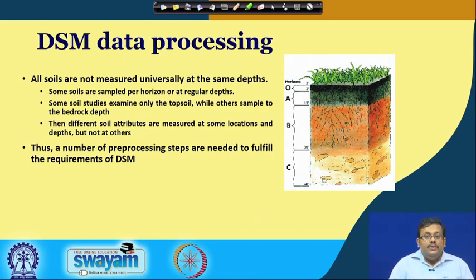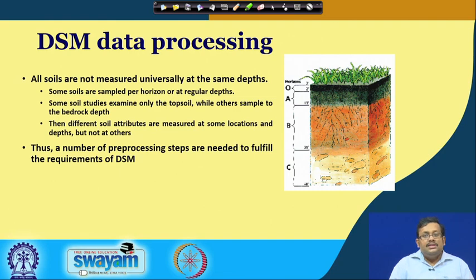As I told you, digital soil mapping requires some data processing because all soils are not measured universally at the same depth. As you can see here, there are different horizons like O, A, B, C, which are the master horizons. However, in the legacy soil data compiled by different scientists, some data is available and some is not.